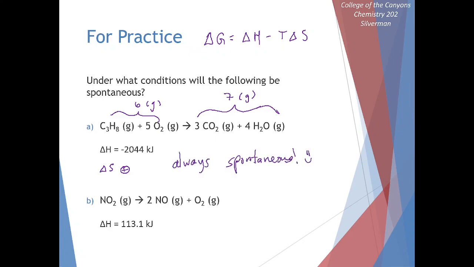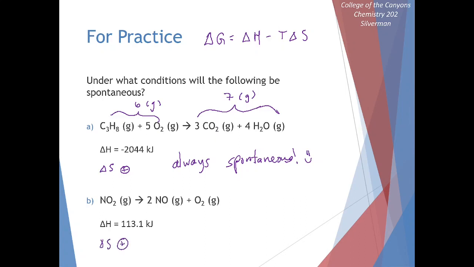For our second reaction, we know the delta H is positive. We have an endothermic reaction. And looking at our amount of gas on each side, we have 1 mole of gas turning into 3 moles of gas. This should be a reaction that increases its entropy.